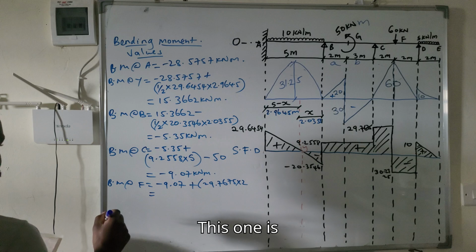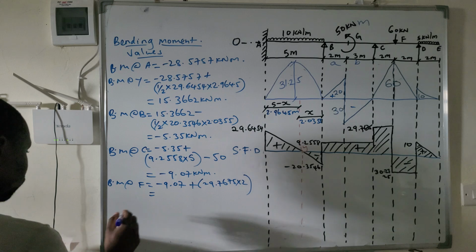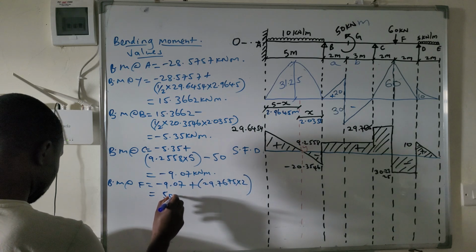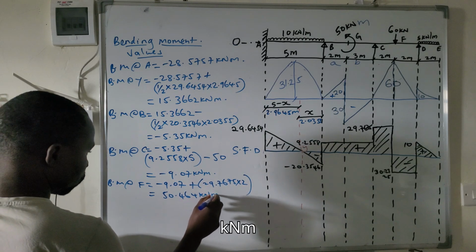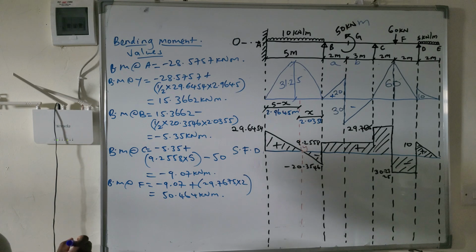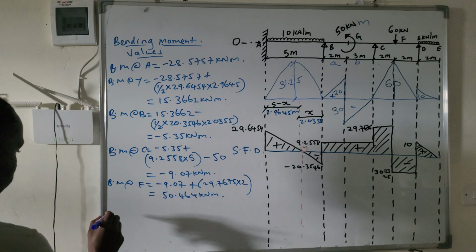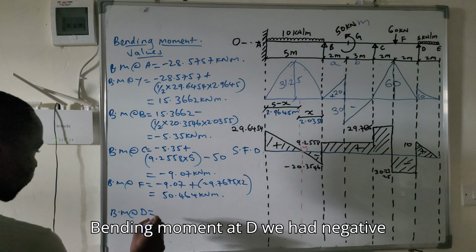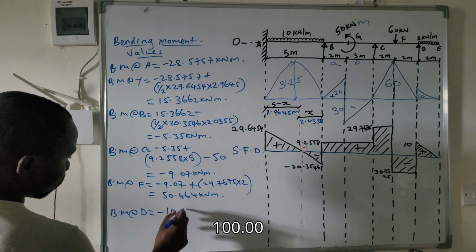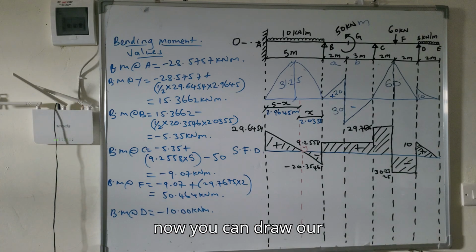So this one is equal to 50.464 kilonewton meter. Bending moment at D, we had negative 10.00 kilonewton meter. So now we can draw our BMD.